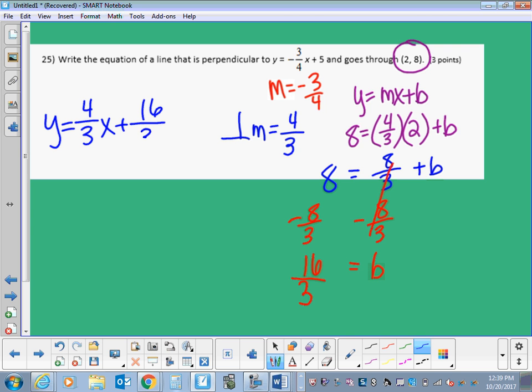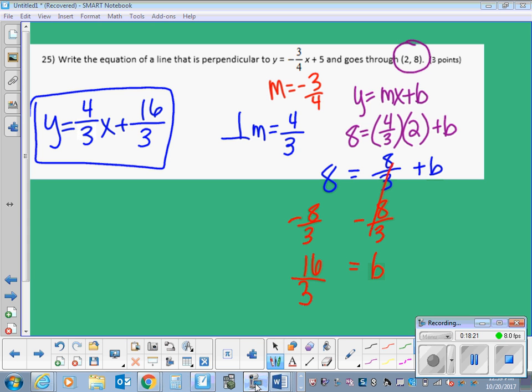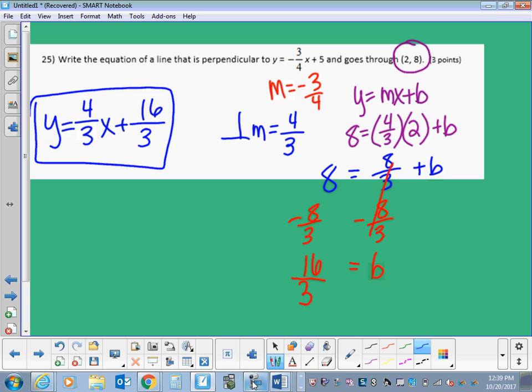Perfect. So all we did was we take our original y equals mx plus b, we plug in our new slope, which is here, we plug in our new b, which is down there. Any questions on this one? Exactly like your quiz you just took.